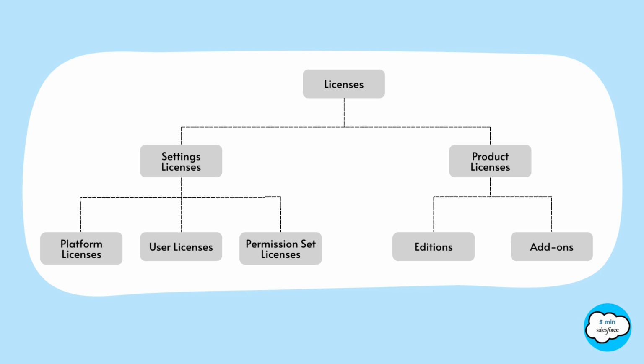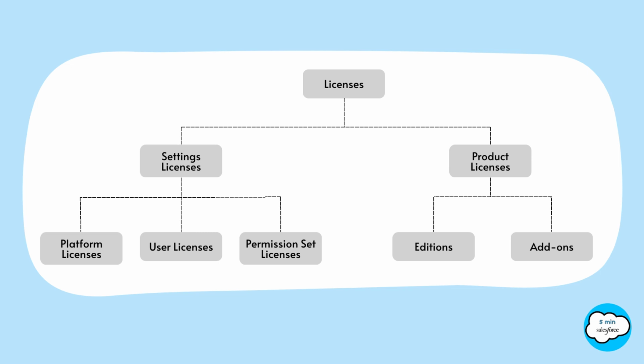You can assign as many as you need to give some additional features. Some Salesforce products like Heroku don't even have user licenses. They only use platform level licenses. And then the second category is product licenses. These are what customers actually buy. They come in two forms. First is editions. This is your main package, like Enterprise, Professional, Developer.